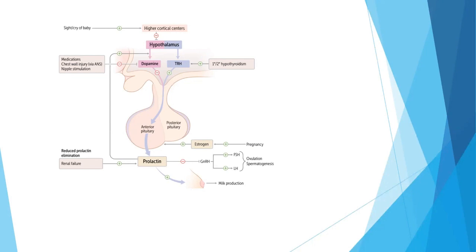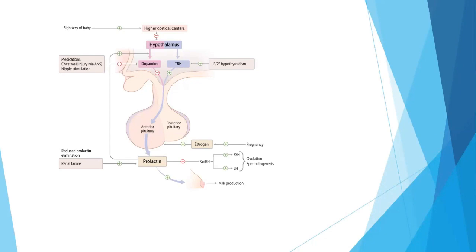Also, the prolactin production is influenced by the TRH that is secreted by the hypothalamus. So the higher cortical center acts on the hypothalamus in two ways. That is, it will decrease the dopamine and it will increase the TRH. Now the dopamine's inhibitory action on prolactin production is lost.